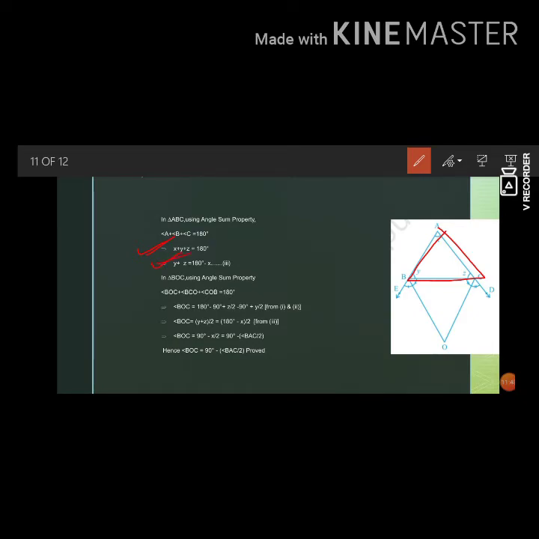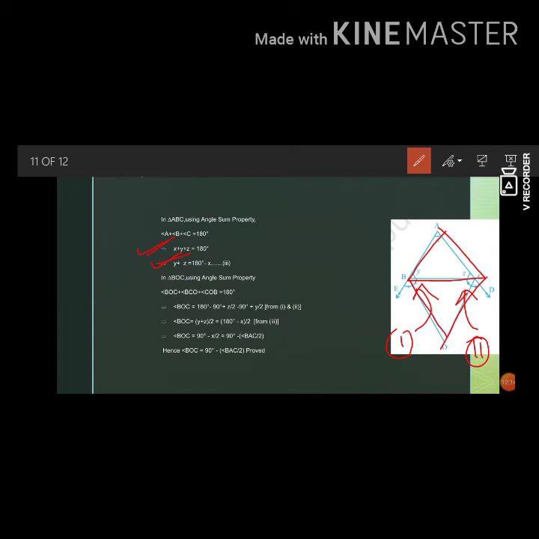Now there is another triangle, that is BOC. In BOC, angle CBO is 90 degrees minus y by 2. This angle is from equation 1. Then angle BCO is 90 degrees minus z by 2. That is our relation 2.